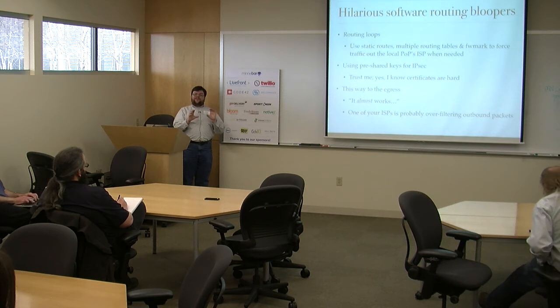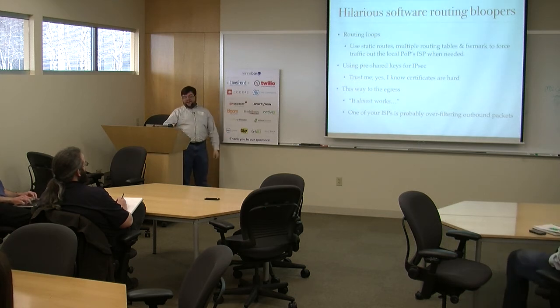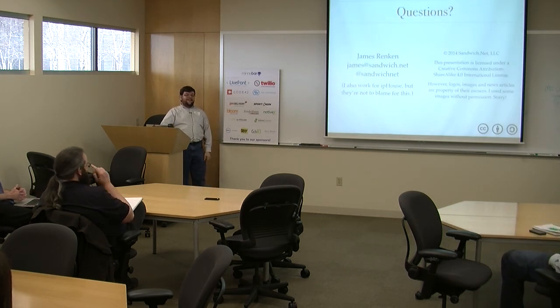But I was just unable to reach some destinations, and I couldn't figure out why. Well, connectivity from that node seemed to work, but outgoing packets from my actual IP space were getting filtered, but only when they went out that provider. So look for that. That will break things. And that's it.